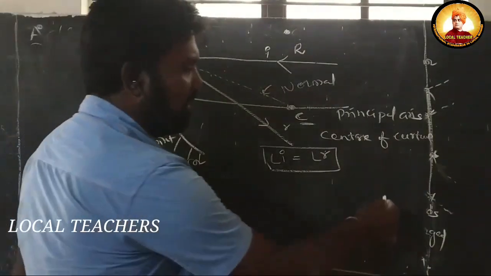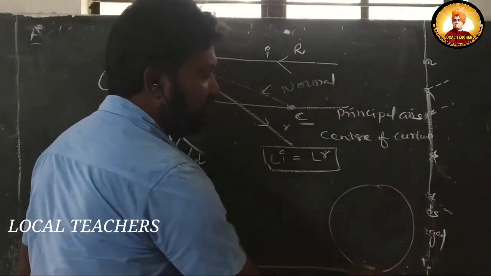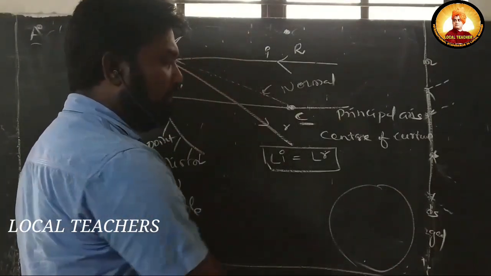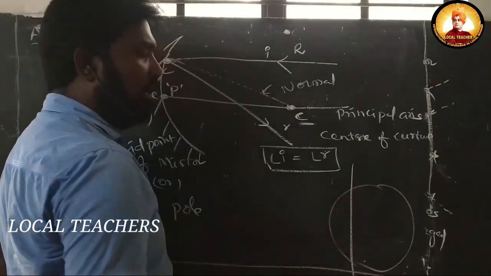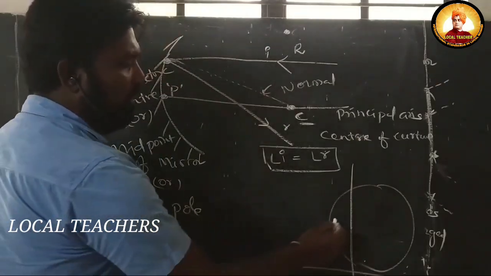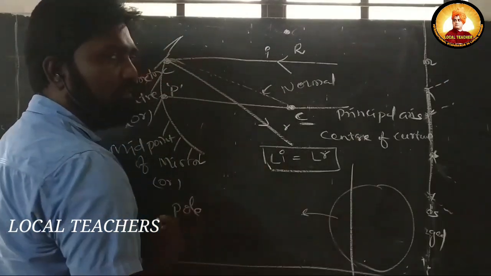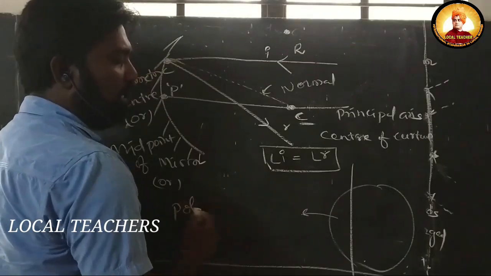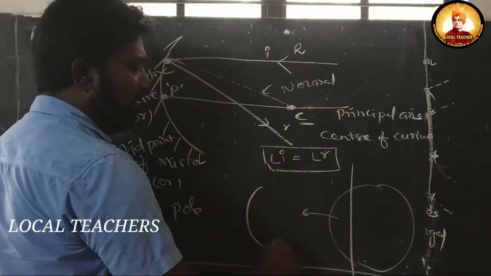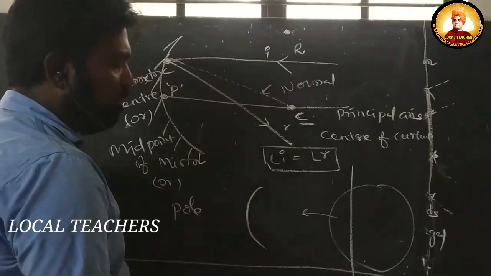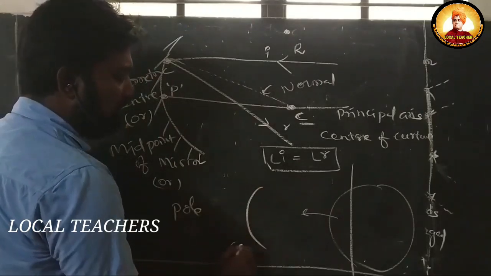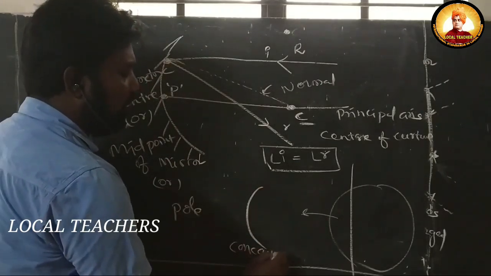Suppose we consider this a sphere. We select one part, a true part of the sphere, and take it out. This becomes a curved surface. If we represent it like this, it is concave, with the inside smooth.